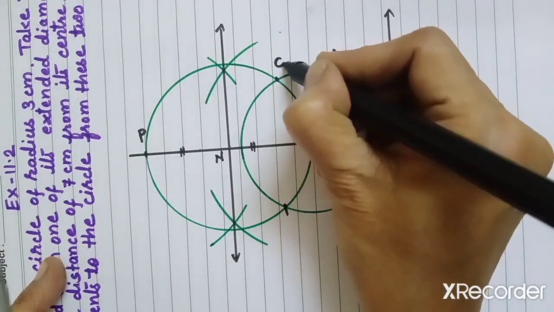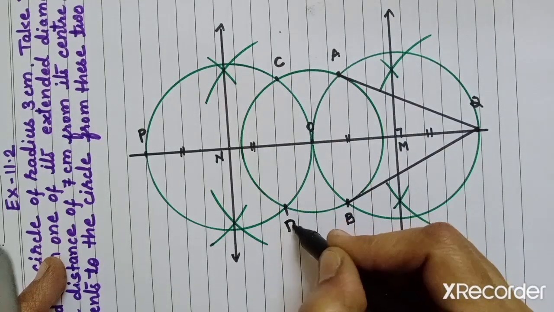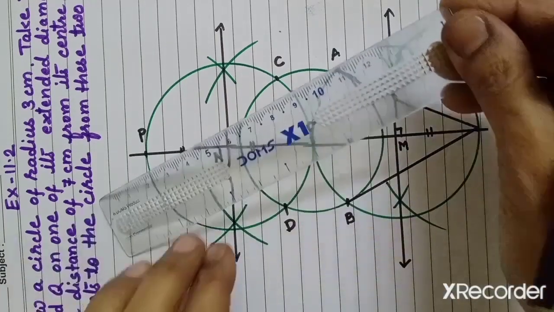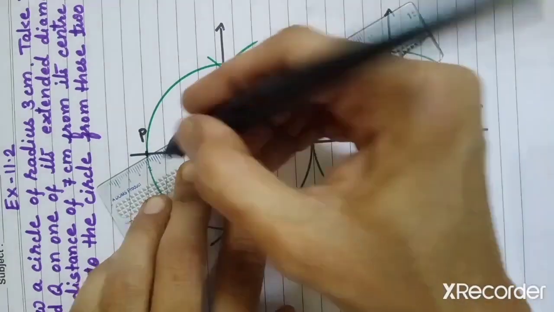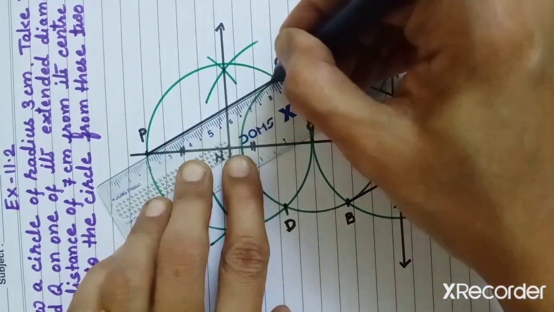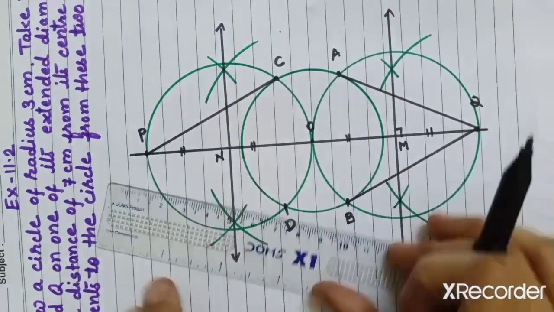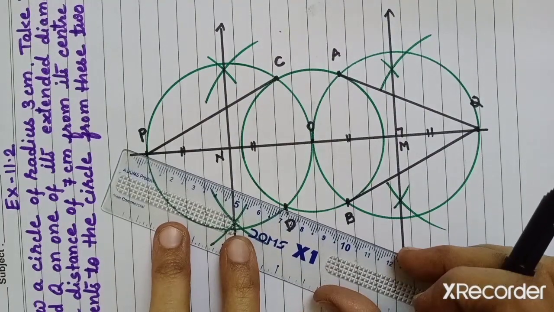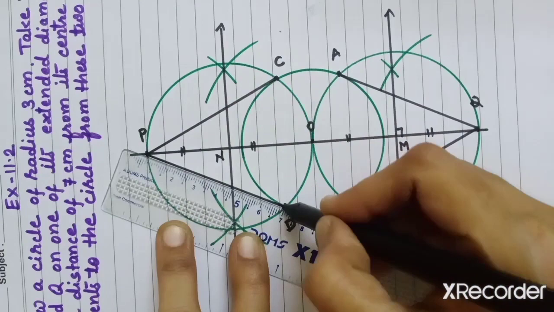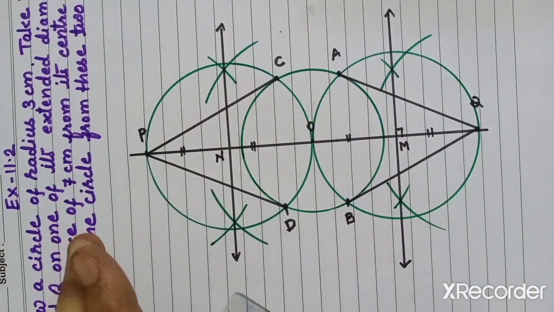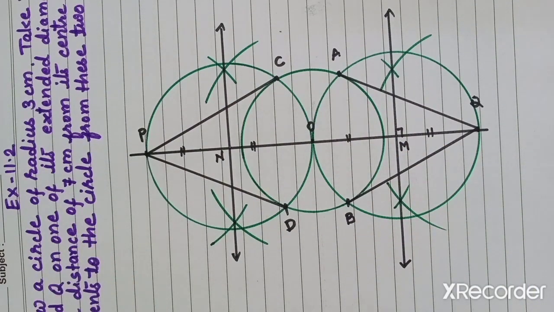Say this is C and this point is D. Now join PC and join PD. So in this way our diagram is complete.